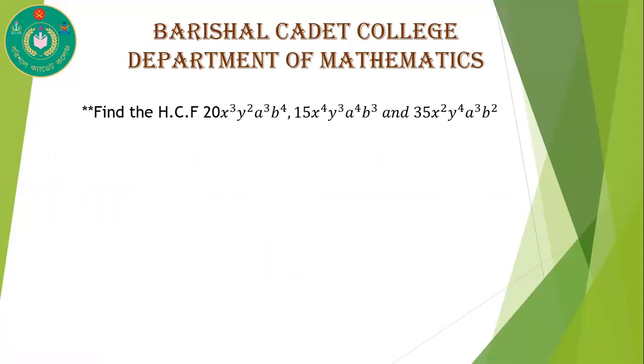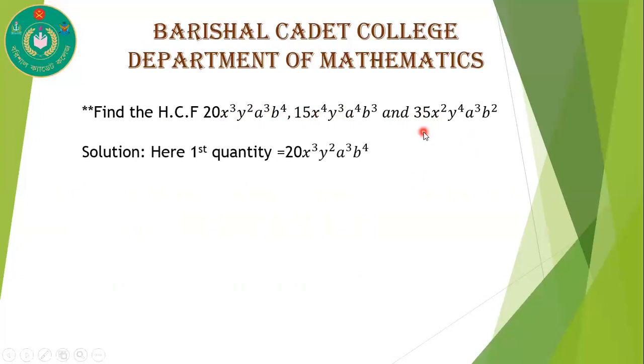Find the HCF of these expressions. Firstly, we write the given numbers as a product of prime factors. Then we have to find the prime factors of those algebraic expressions.